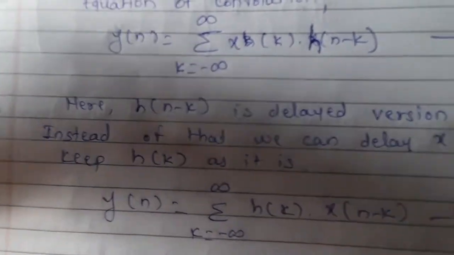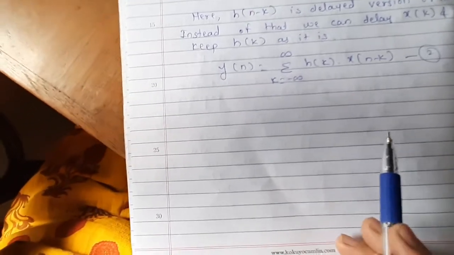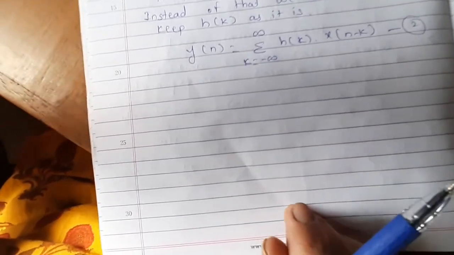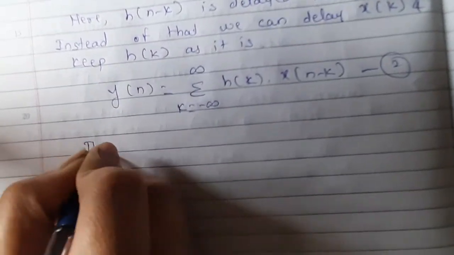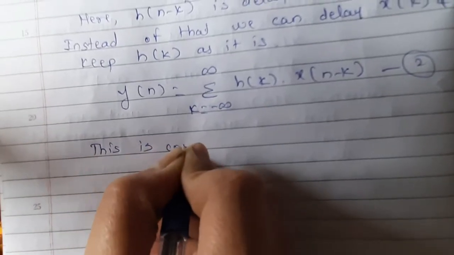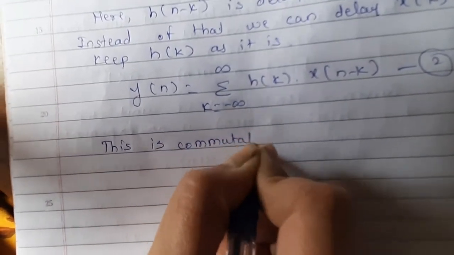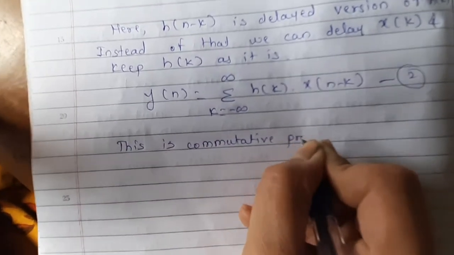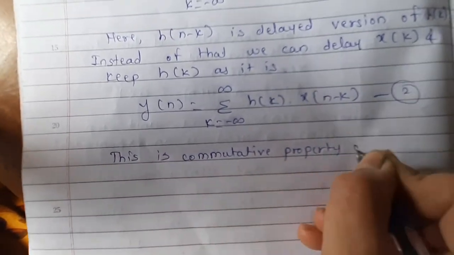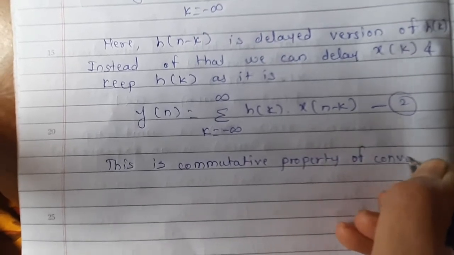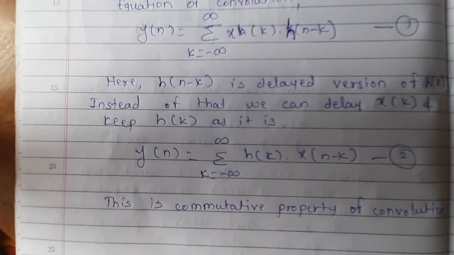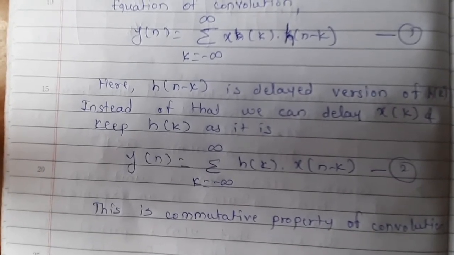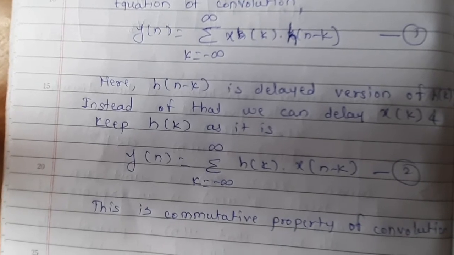So this is equation 2. Now which property is this? This is the commutative property of convolution. So we use equation 2 here. Okay.